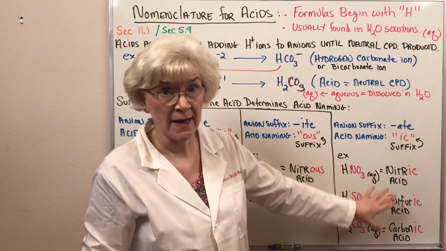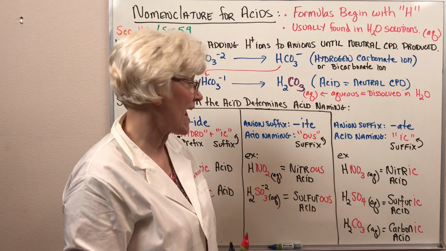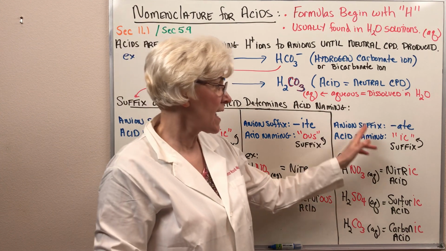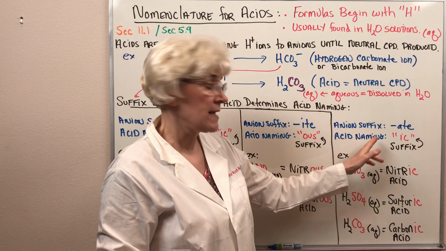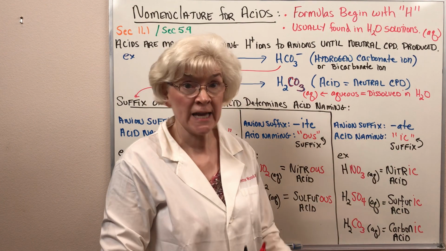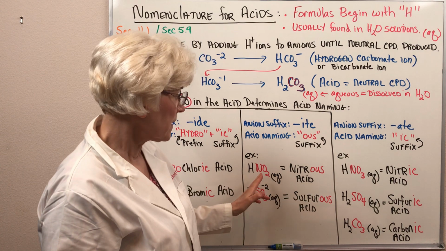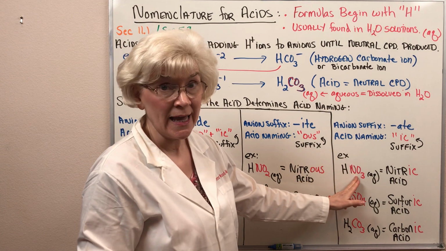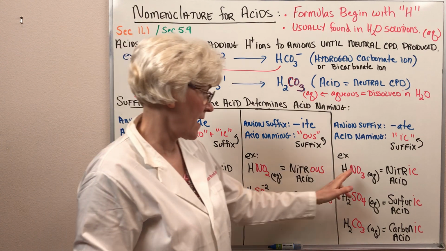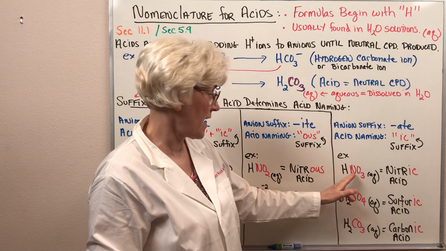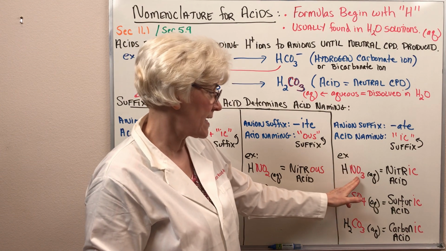Last category of anions that we need to look at are anions ending in "ate". If the anion name ends in "ate", then the acid name will end with the suffix "ic". No prefix involved. So looking at the nitrate anion, the partner to the nitrite anion, another nitrogen oxyanion, the nitrate anion ends in "ate".